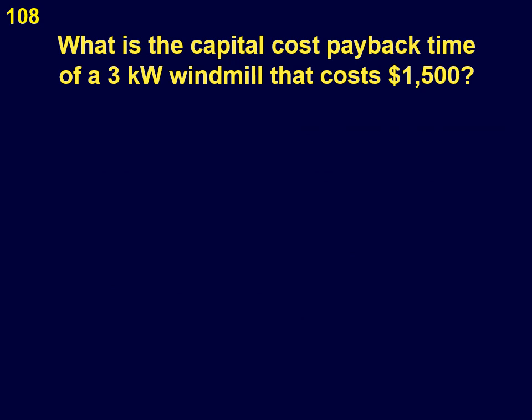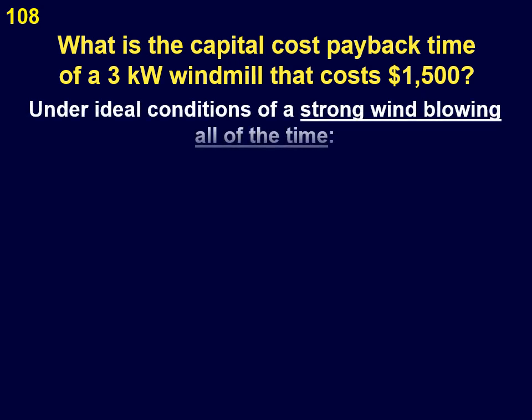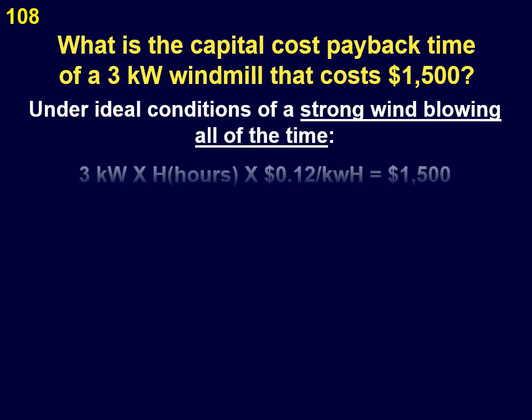What is the capital cost payback time of a 3 kilowatt windmill that costs $1,500? Under ideal conditions of a strong wind blowing all of the time, 3 kilowatts times H in hours times $0.12 per kilowatt-hour equals $1,500.